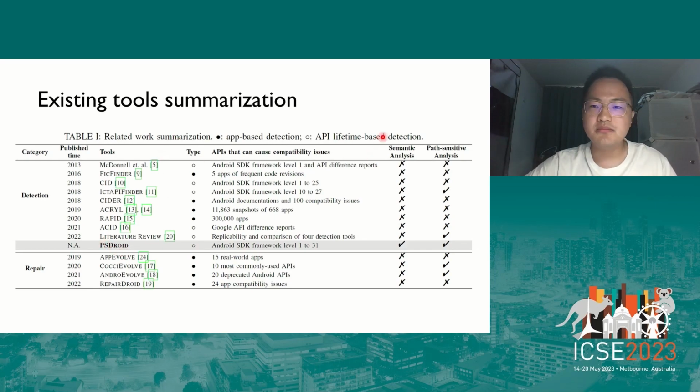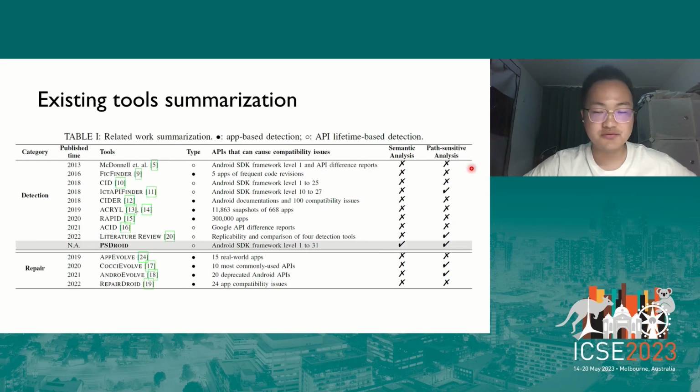The column semantic analysis refers to whether the tool analyzes different semantic representations of constraints in different APIs using check patterns. The column path-sensitive analysis refers to whether all paths that are relevant to the incompatible API range are taken into consideration.